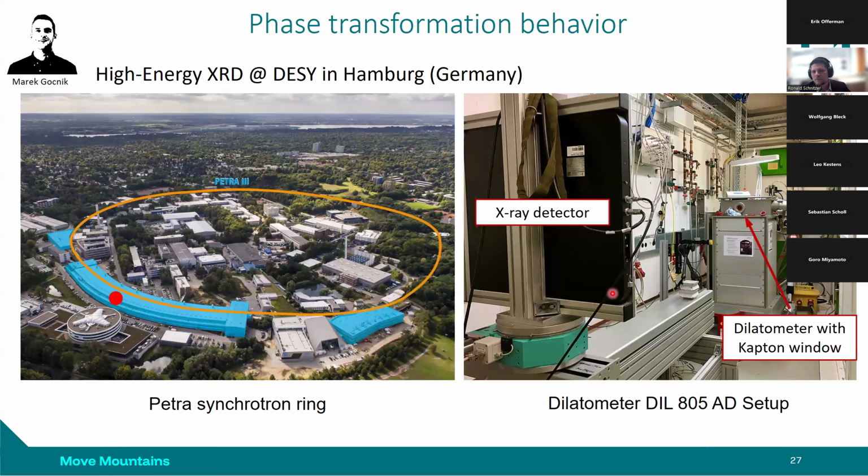What is available is that a dilatometer can be placed within the beam line. So the beam hits the dilatometer here, and the sample is, of course, inside the dilatometer. Here is the detector, and that means you can do in situ heat treatments and get information about the phases which are formed depending on the applied heat treatment.